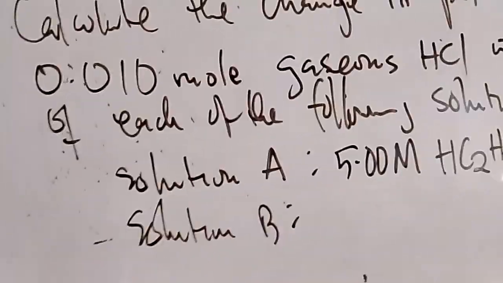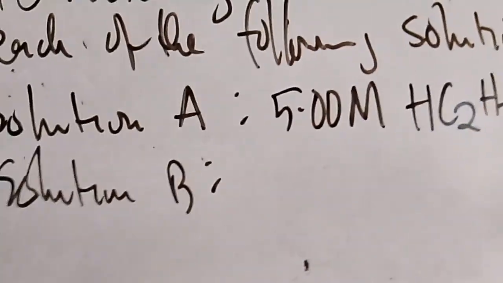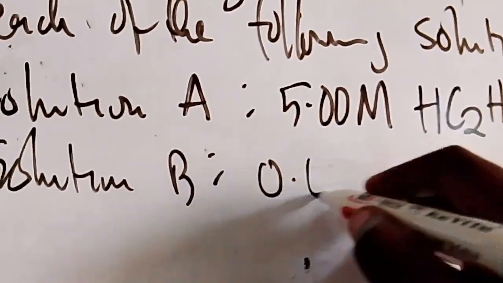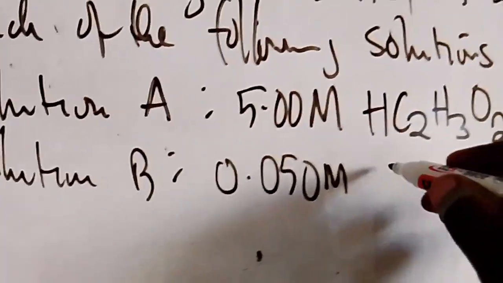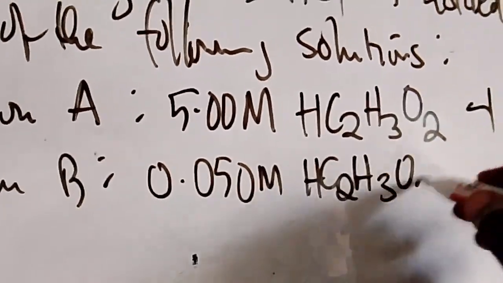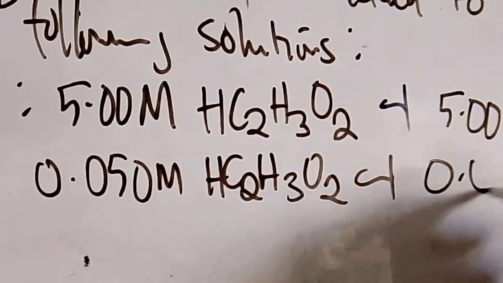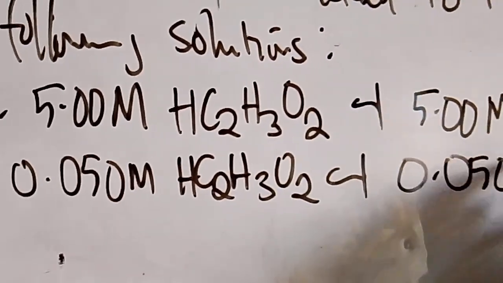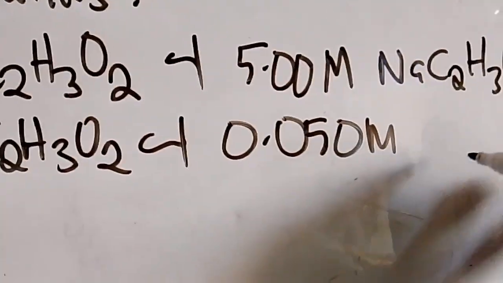Solution B has 0.050 molar acetic acid and 0.050 molar sodium acetate.